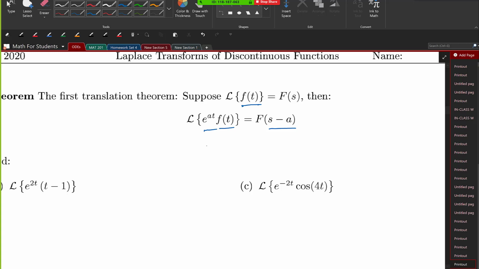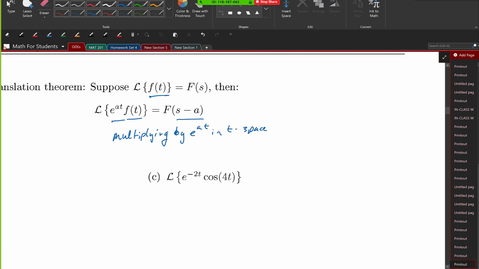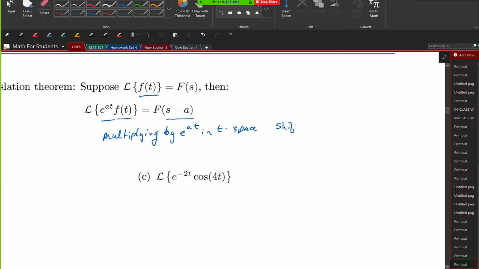So, this isn't much of a mnemonic, but what we're saying is multiplying by e to the at in t space shifts the transform a units in s space.